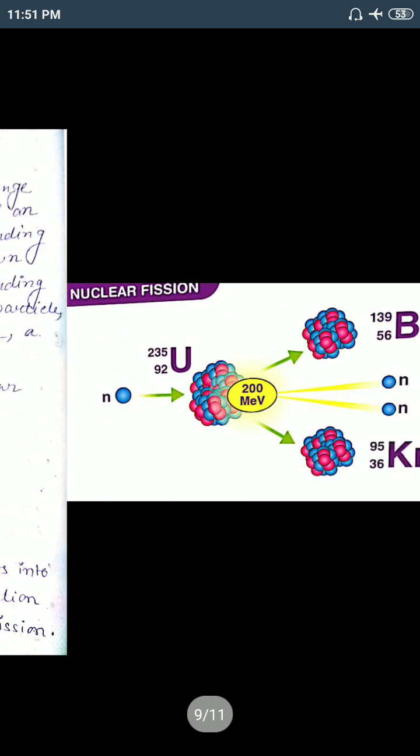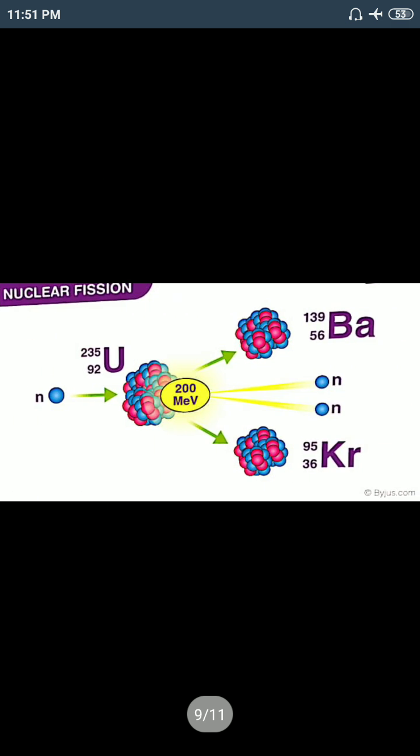Nuclear fission: when the nucleus of an atom splits into two lighter nuclei. One big nucleus splits into two lighter nuclei through a nuclear reaction. This process is termed nuclear fission.